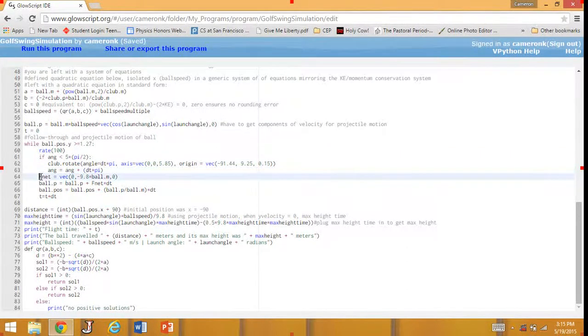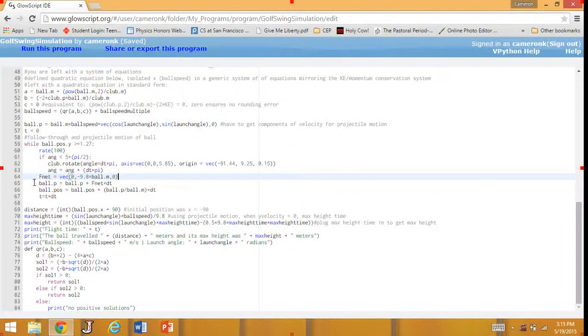And then I established the net force as just a vector, just gravity, mg, because in projectile motion, if you're neglecting wind resistance, gravity is the only force.